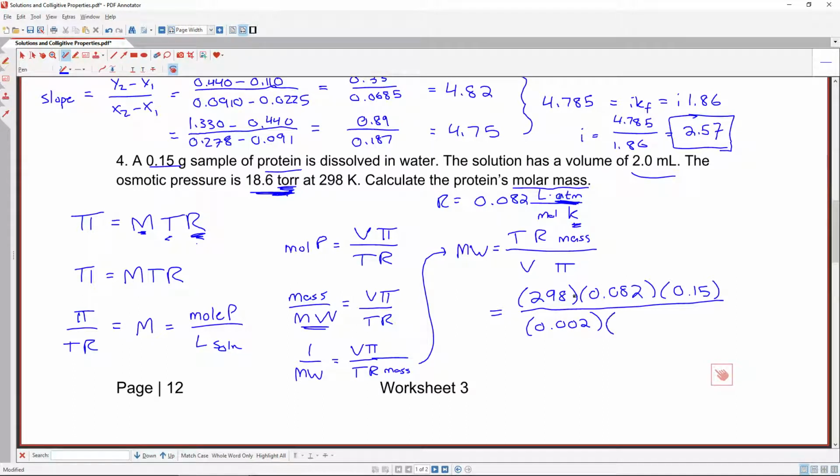And then our osmotic pressure, again, converting this to... Oh, it's times. That's where we went wrong, right? 1 torr... No, that's not where we went wrong. Hold on. Okay, so 760 torr is equal to 1 atmosphere.